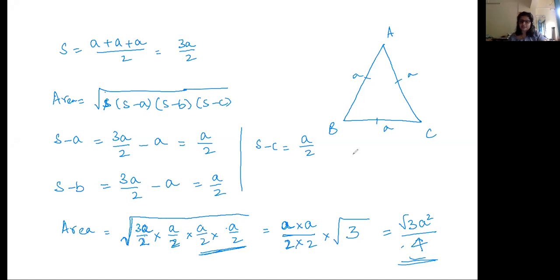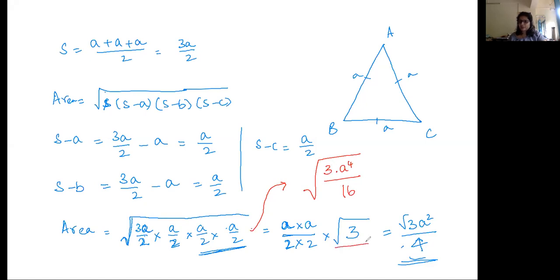Or let me just put it this way. I'll just calculate it separately. So this basically changes to root over 3 into a power 4 upon 2 into 2 is 4, 4 into 2 is 8, 8 into 2 is 16. Then I just applied the square root for all the terms inside. So root 3 is not going to change.